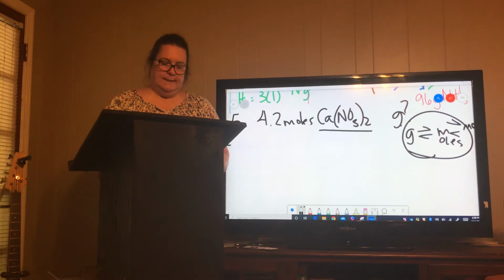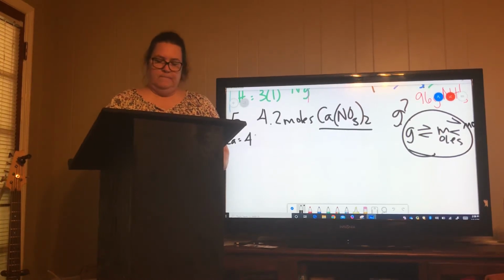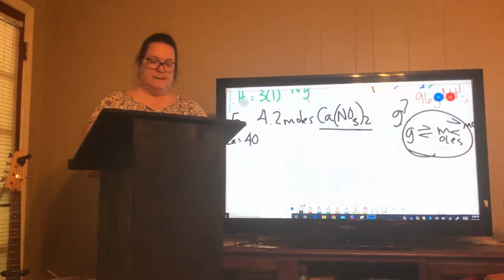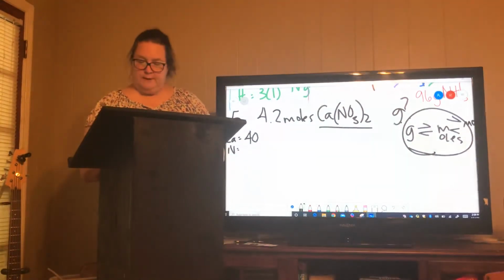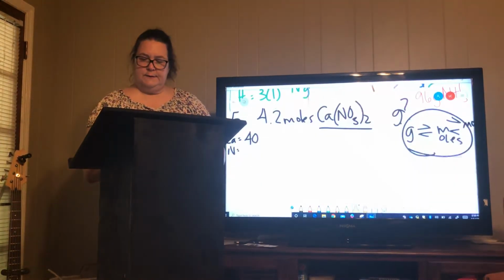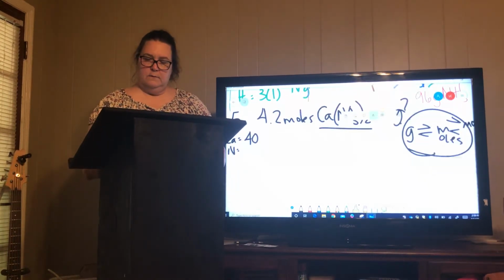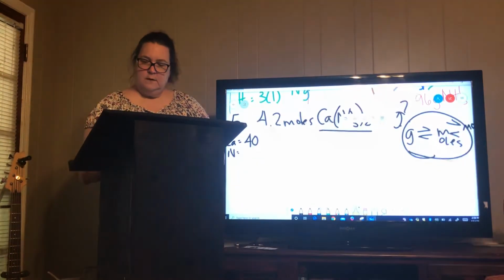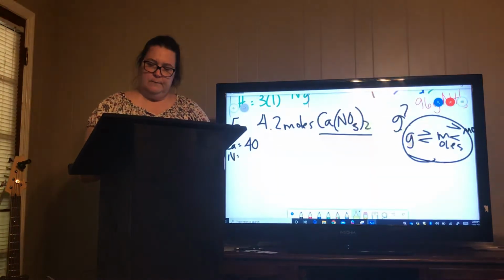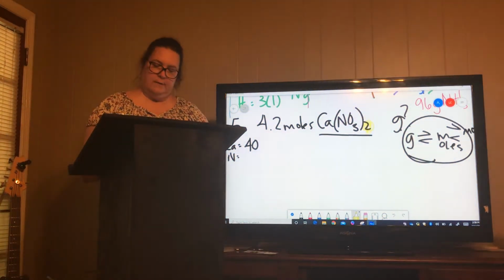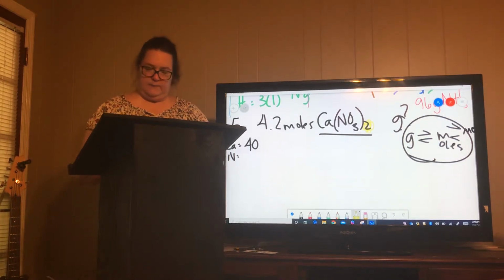So calcium is 40. I'll find that. That's the atomic mass of calcium. Nitrogen, now I have 2 of those, because here's a 2. So I've got to make sure that I take this 2 and put it in there.